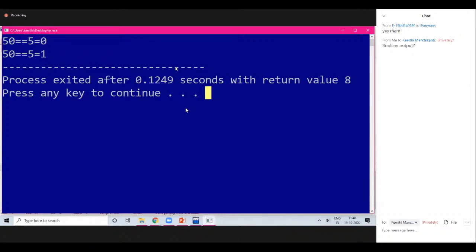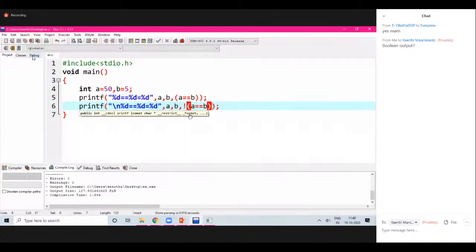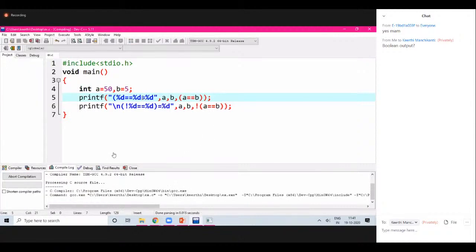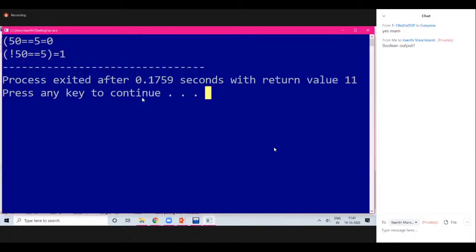So you can see that. Observe everyone. The 50 equality relation is 0. But as it is a not condition, it is printing the value as 1, that is, not of 50 equals 5 is printing as 1.